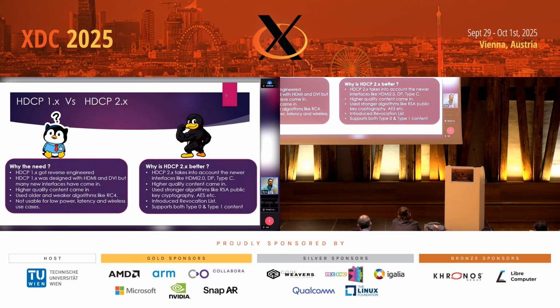It also used older and weaker algorithms. Not to say that it was HDCP 1.x's fault. It was that at that point, when it was conceived, the stronger algorithms did not exist and came into existence later. We also had it not optimized for low power and low latency use cases, and it became very bad for the wireless use case.